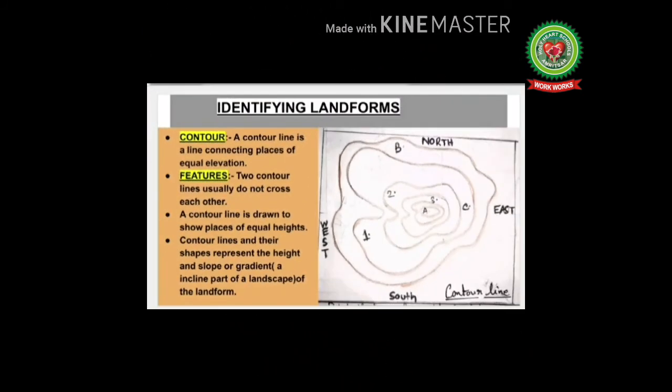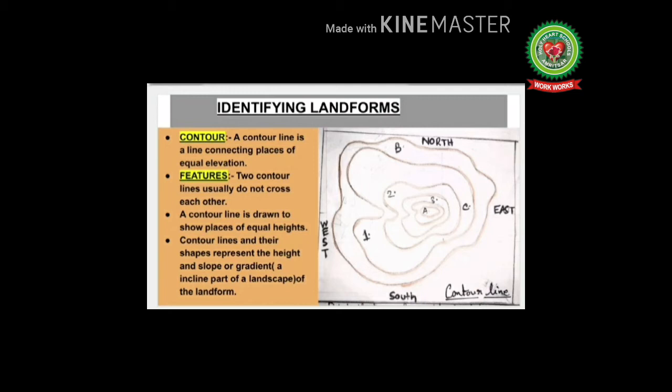The method of showing the relief with the help of contours is one of the most accurate and standard methods. A contour is an imaginary line which joins the points or places having the same heights above the mean sea level. In other words, a contour is a line of constant height above the mean sea level.